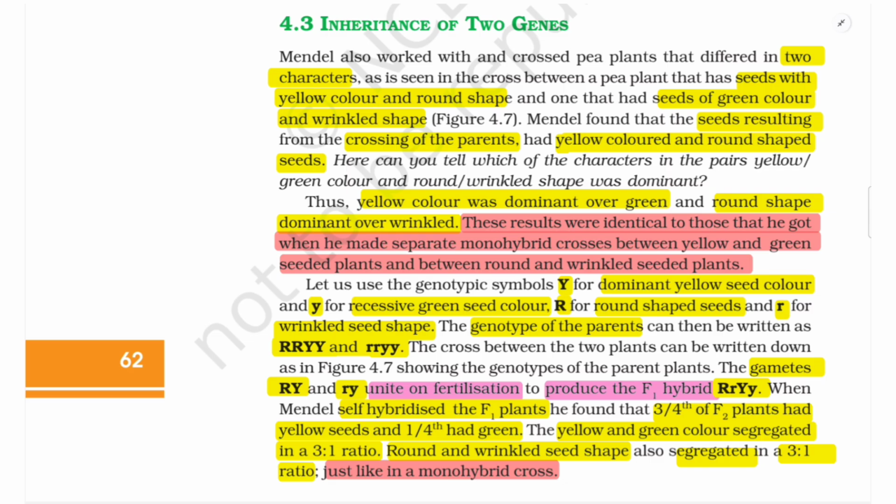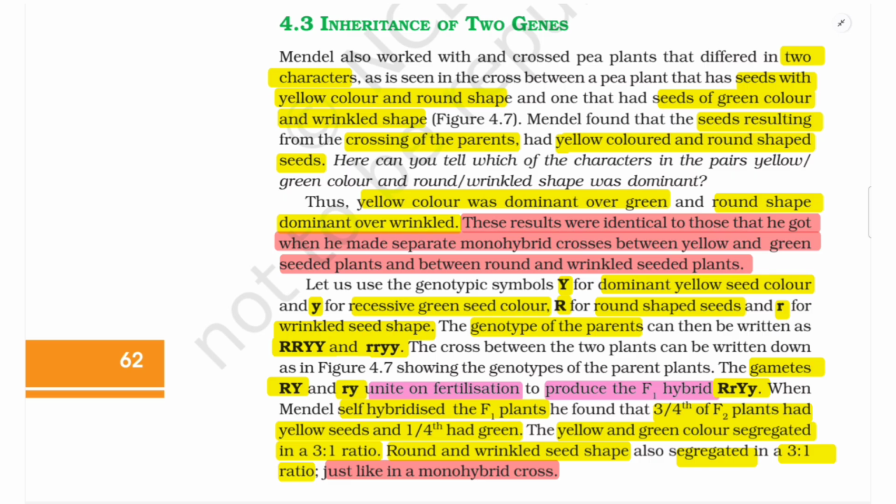The genotype of the parents can then be written as capital R capital R, capital Y capital Y, and small r small r, small y small y. The cross between the two plants can be written down as in figure 4.7, showing the genotypes of the parent plants.